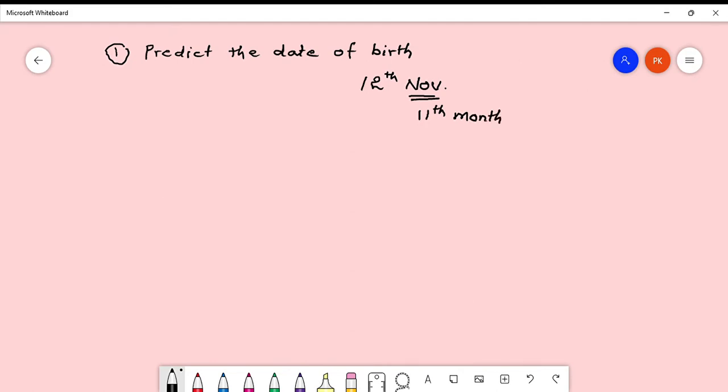Obviously, you can give the person or the child a piece of paper and a pencil to do the quick calculation. So, tell him to take the number of month of his birth, that is 11.